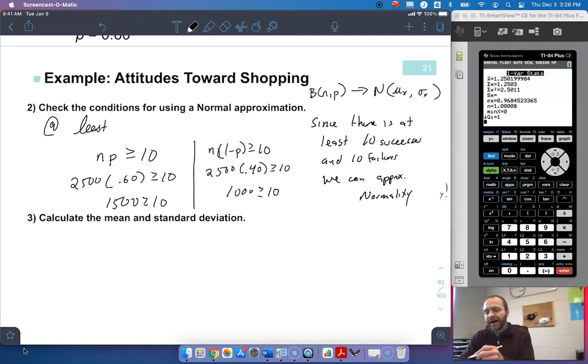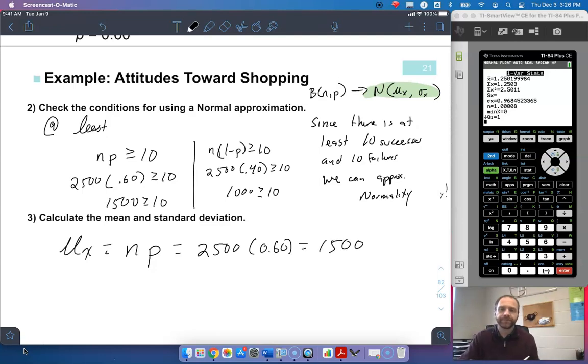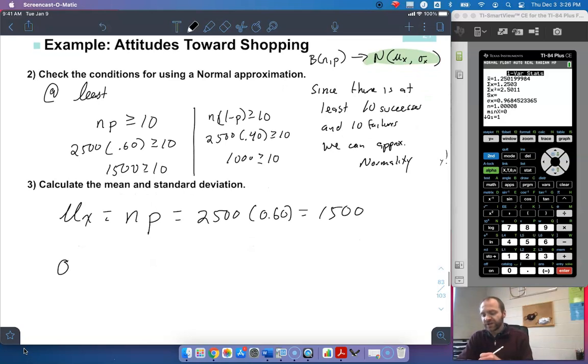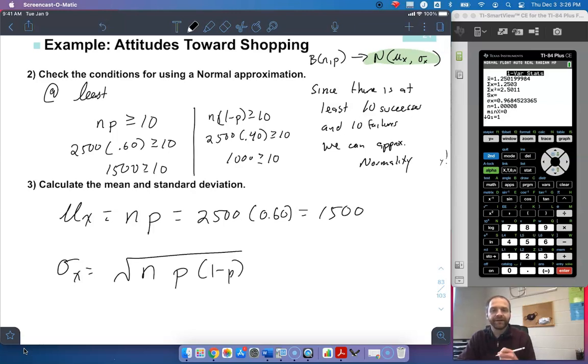So now I'm able to do this, which is great. So the mean says take your n times your p, which is 2,500 times 0.60, which is 1,500. For your standard deviation, take the square root of your n times your probability of success times your probability of failure.